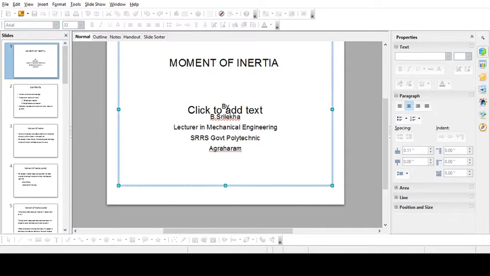So if IAB is the moment of inertia about the required axis, and Ixx is the moment of inertia about the centroidal axis, then A is the area of the lamina and H is the distance between the two axes.